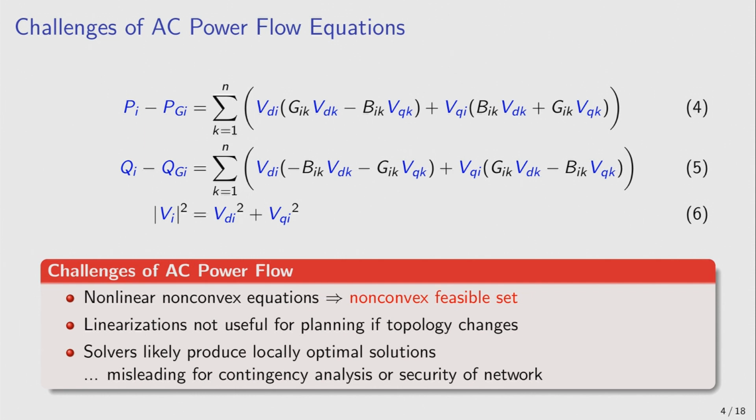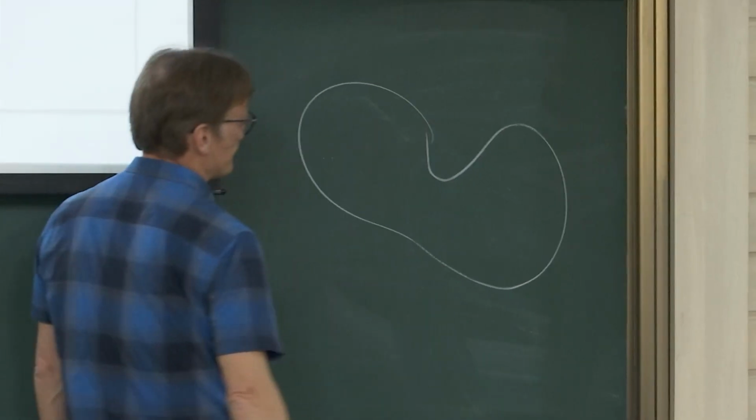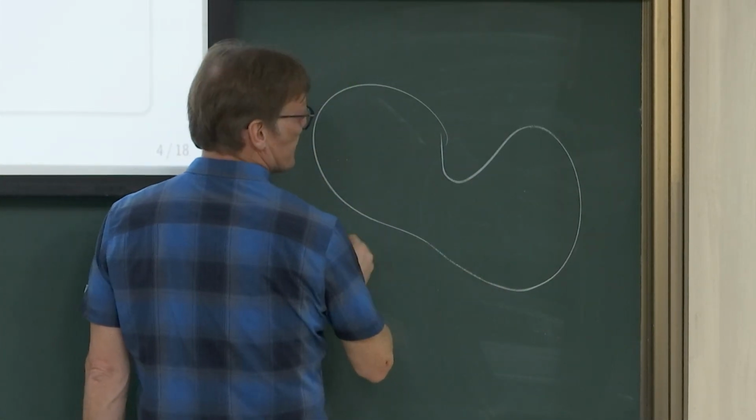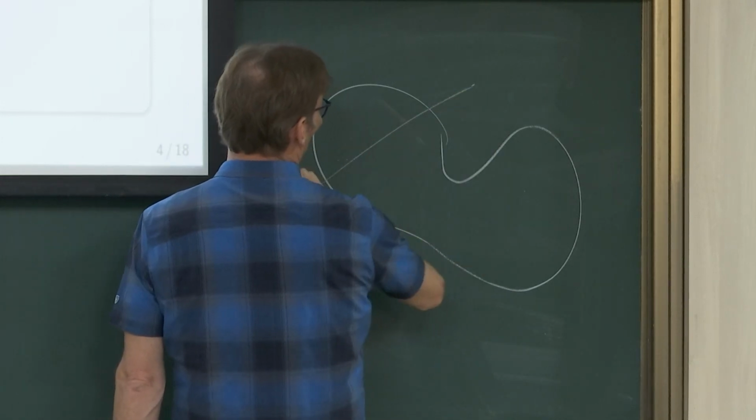And so the challenges are that you have typically a non-convex feasible set. And whenever you have a non-convex feasible set, so here's a very simple example of a non-convex feasible set, then even if you're minimizing a linear function, you have potential for multiple local optimizers.